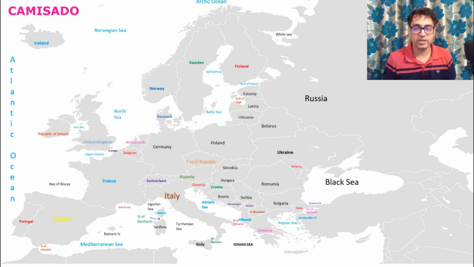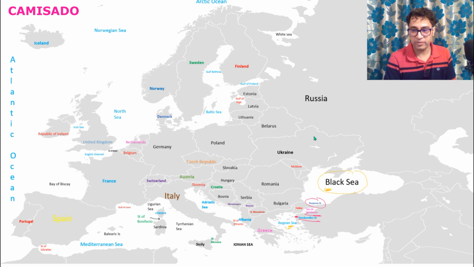So before looking at other parts of Europe, let us look at the water bodies that surround Europe. So let us start from the Black Sea. So there can be a possible question that while traveling from the Black Sea to the Aegean Sea, which all water bodies would you come across? So you would come across the Bosporus Strait, the Sea of Marmara and the Dardanelles Strait.